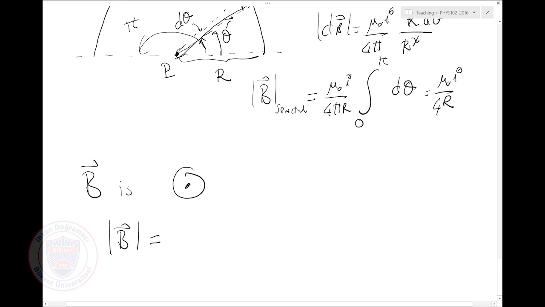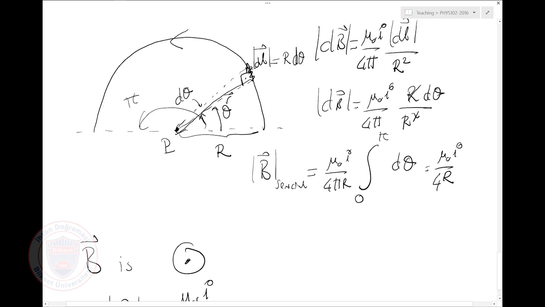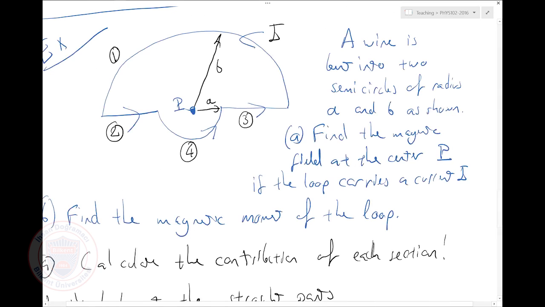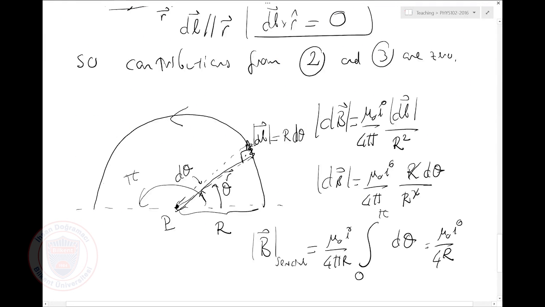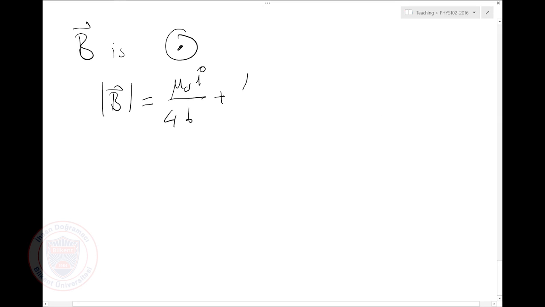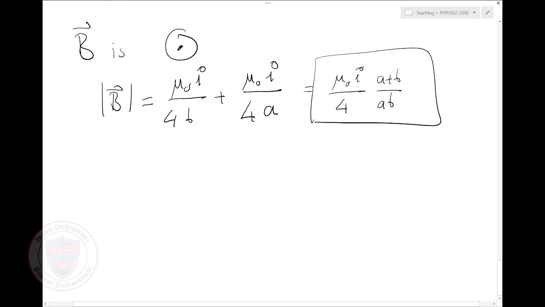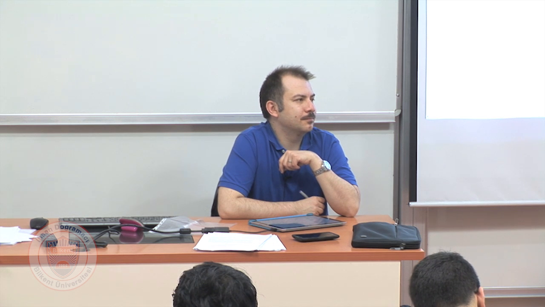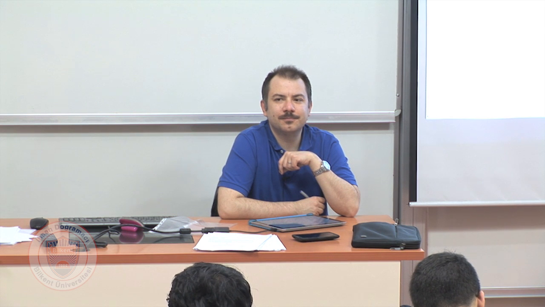From the upper semicircle, I will have mu 0 I over 4 B, and I'll have another contribution, mu 0 I over 4 A. Okay, so mu 0 I over 4 times A plus B divided by AB is my answer. All right? Any questions? No?